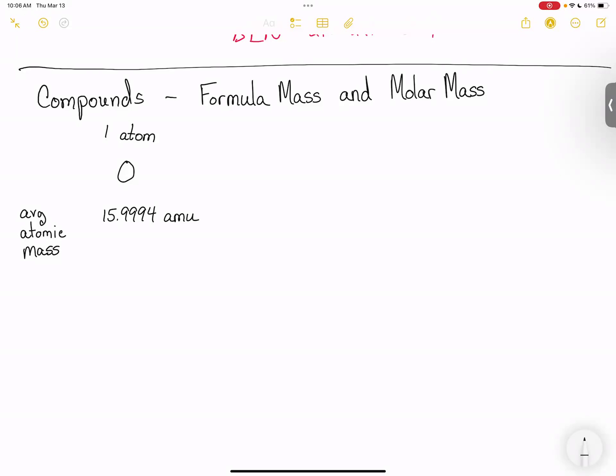So we needed something else. An individual named Avogadro came up with a way for us to be able to work with these substances.